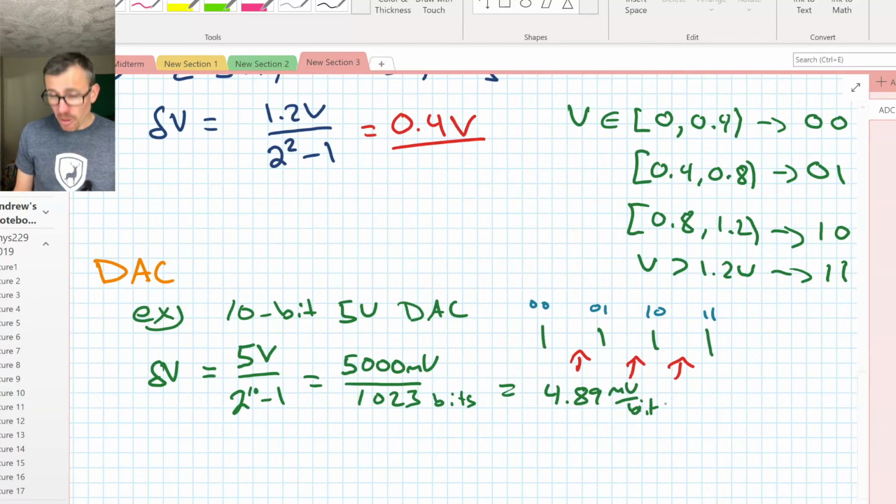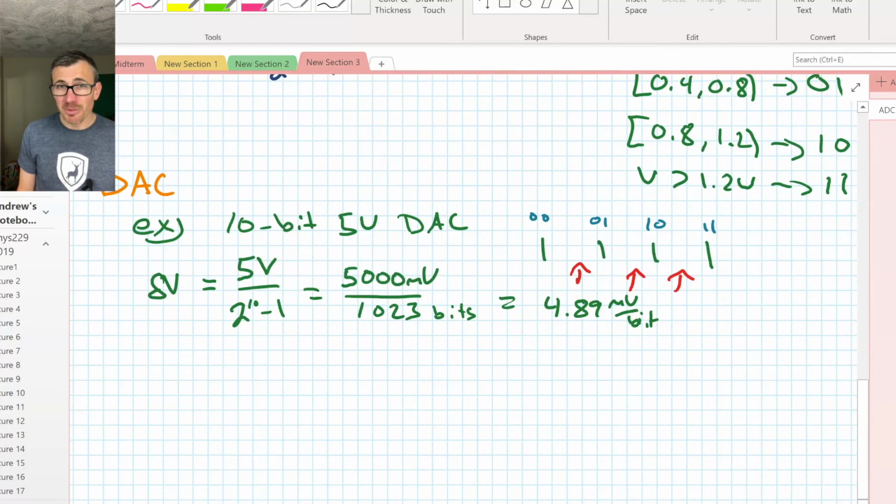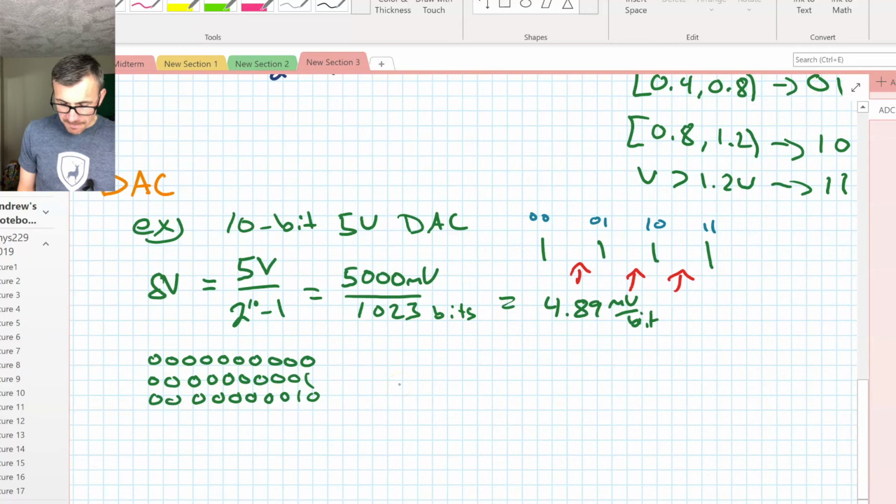Okay, probably more accurately than we can command because of noise and stuff, but let's hang on to it for now. So that means, let's look at the possible values we're going to command. Okay, so as I start counting this thing up and outputting 10 zeros, I'll get 0 volts. If I output 9 zeros followed by 1, I'll get 4.89 millivolts.